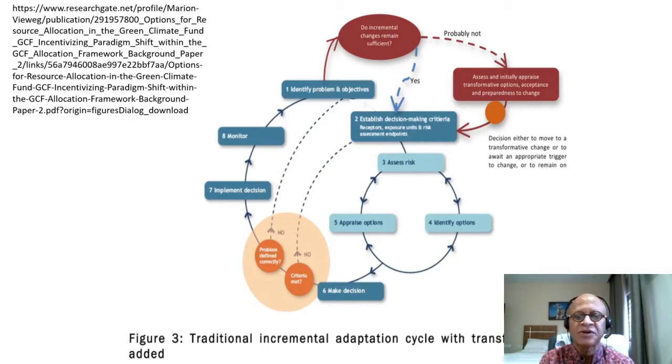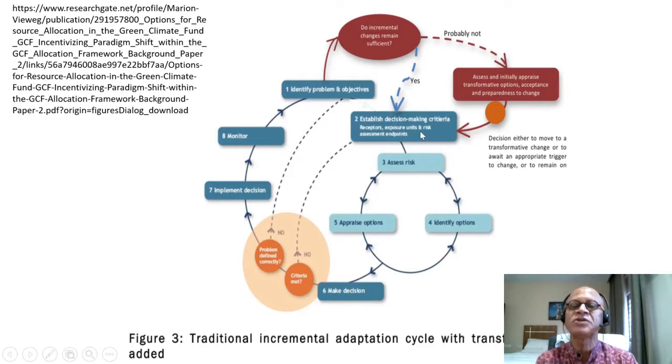So traditional incremental adaptation, let's say the steps are shown here. Identify problems and objectives. So do incremental changes remain sufficient? Probably not. Then you have to assess and initially appraise transformative options, acceptance and preparedness to change.